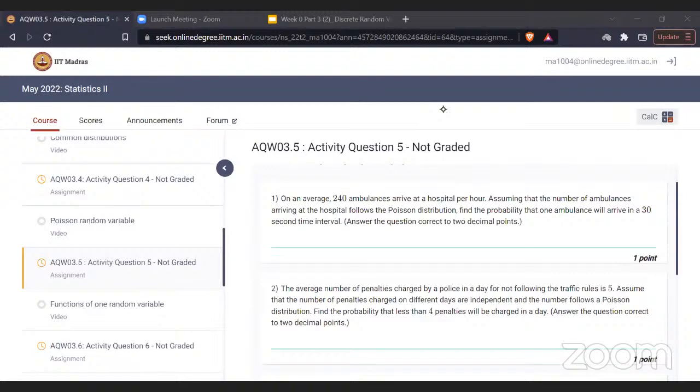And 2 divided by e to the power 2. 2 divided by e to the power 2. Okay, I will keep. Let others also solve.